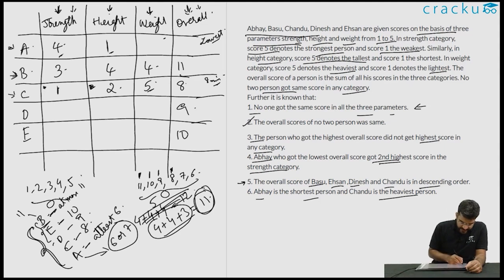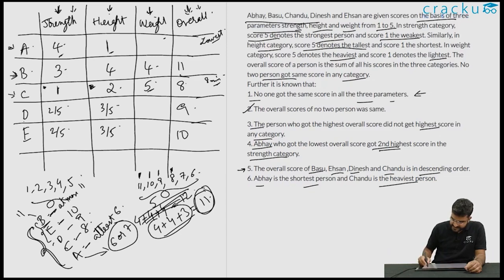Now if you're looking at Dinesh and Ehsan, they would have gotten 2 or 5 in height and similarly 3 or 5 in height. Now there are two possibilities.